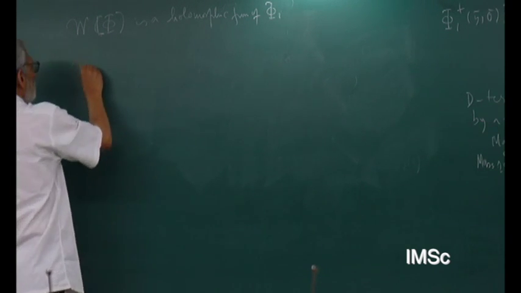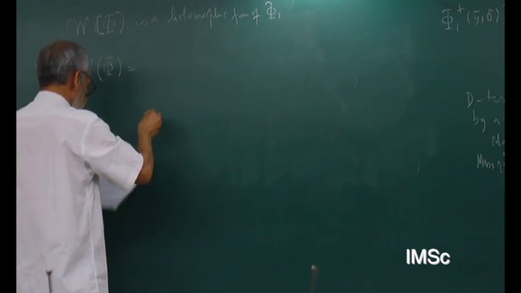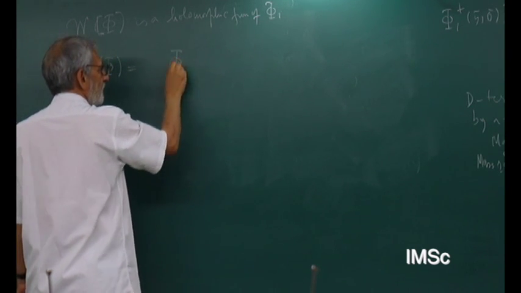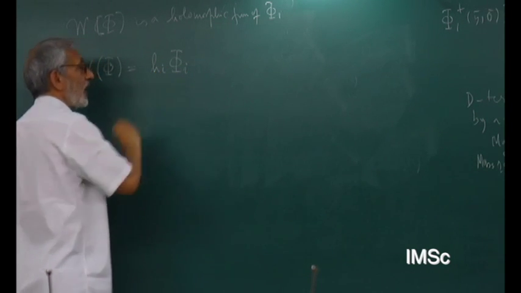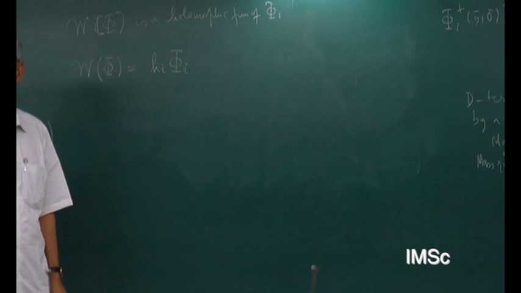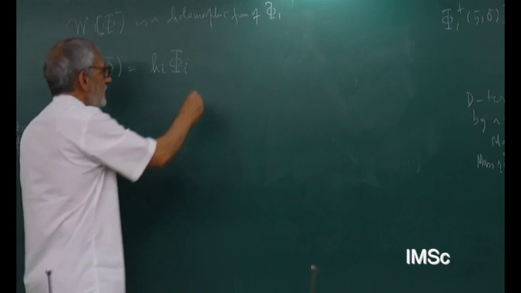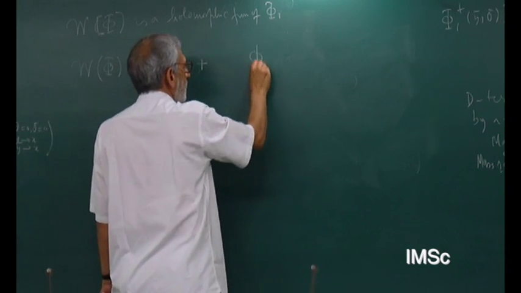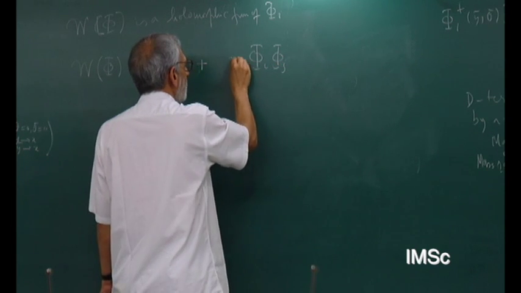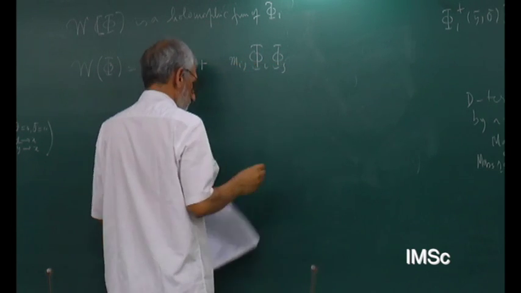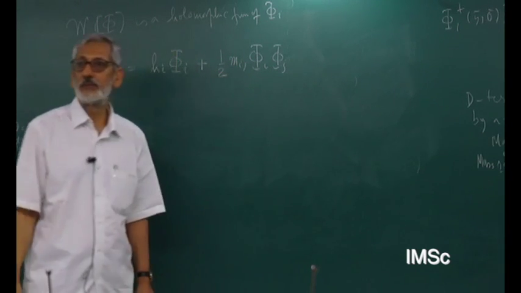And I could write an expansion for that. So since I have this set of phi i's, some constants h_i times phi i. This could be a candidate for W, or product of two phi i's, phi i, phi j, M_ij, a factor of half just for normalization. M_ij has some numbers.